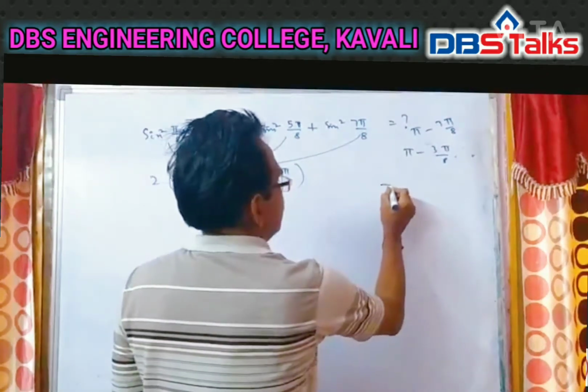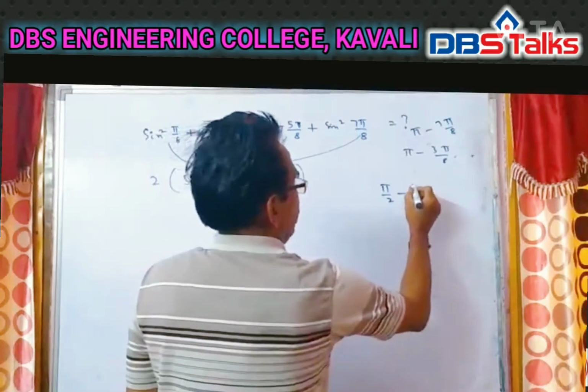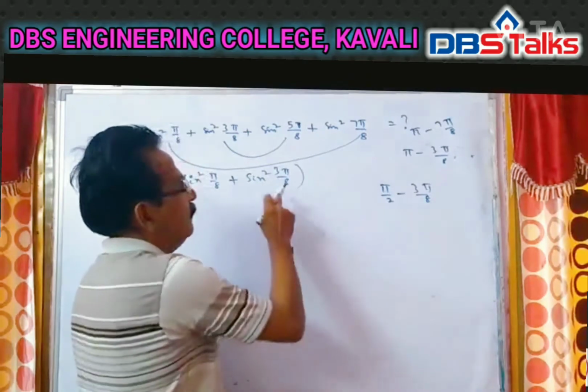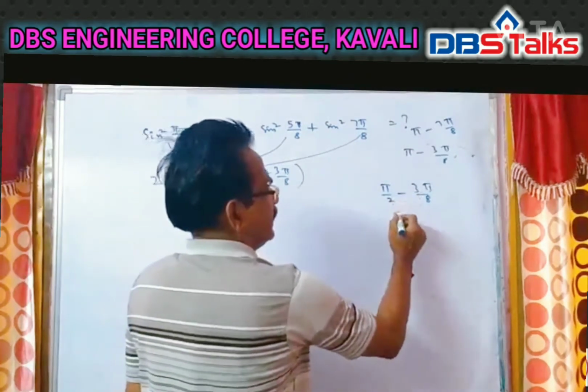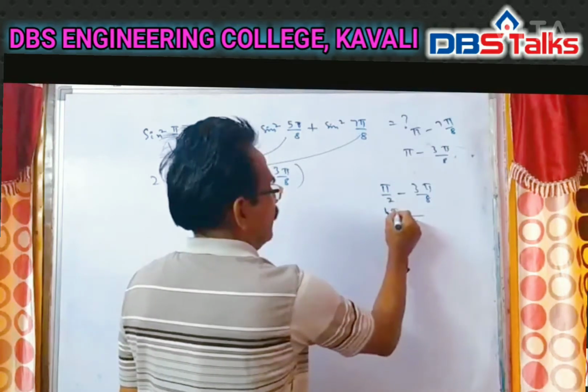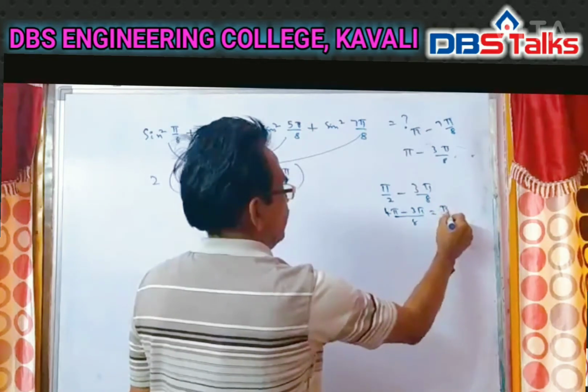See friends, pi by 2 minus 3 pi by 8. What happens? LCM 8, 2 4s, 4 pi minus 3 pi. This is equal to pi by 8.